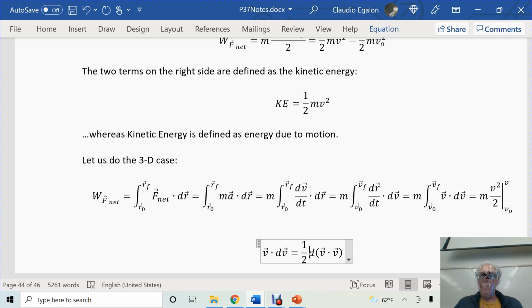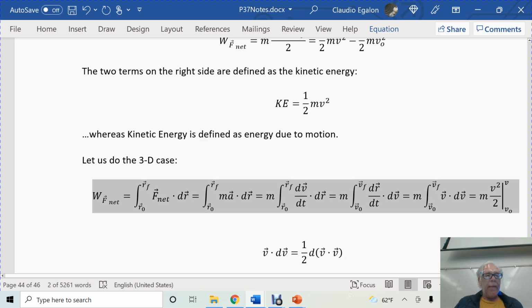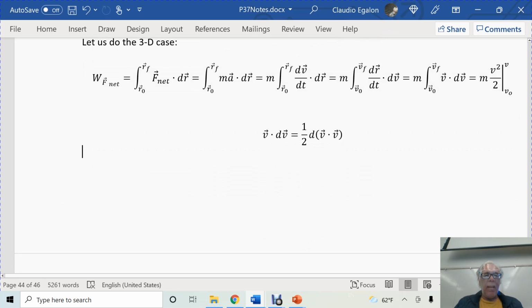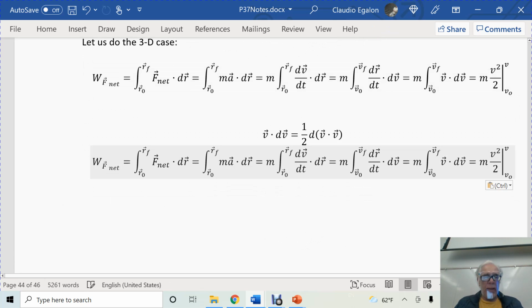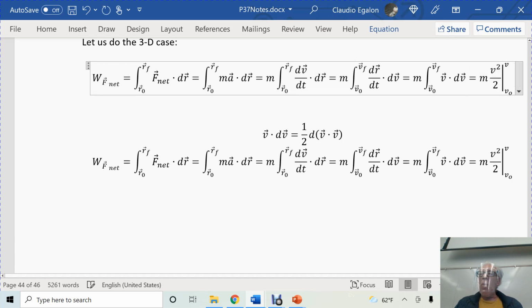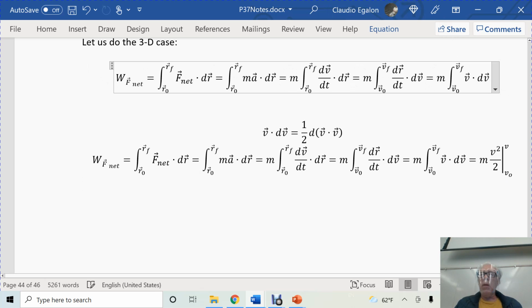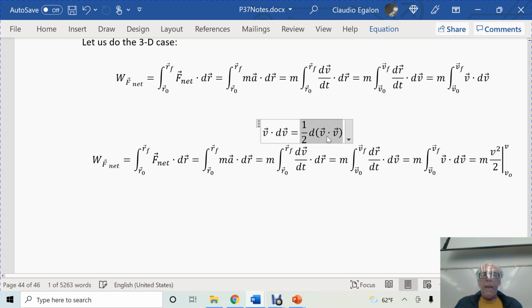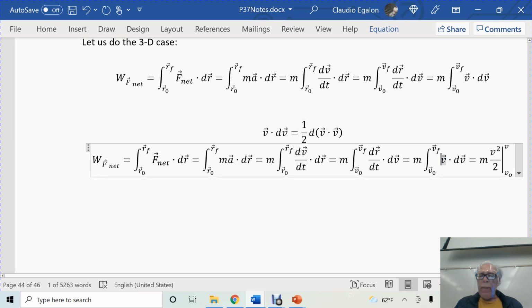Now we are changing our integrating term again. Let's go ahead and copy here and paste it here. Now I don't need this guy anymore. And I can replace that V dot dV with this total derivative term.